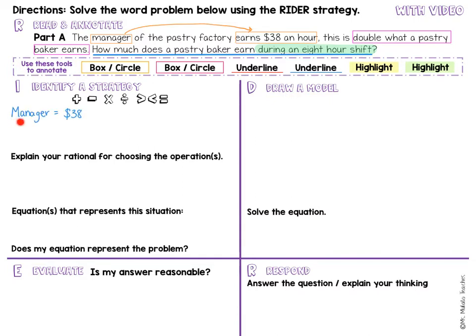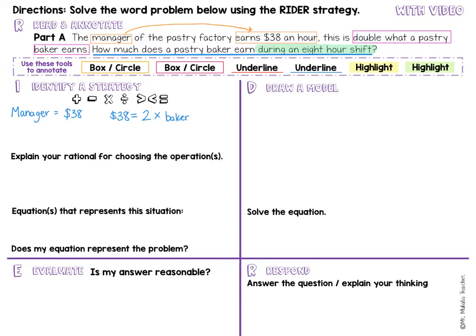So we will write that under identify strategy. What else do we know? We know that $38 an hour, this is double what a pastry baker earns. So let's write that down. $38 is double. How would we write double? 2 times what the baker earns.